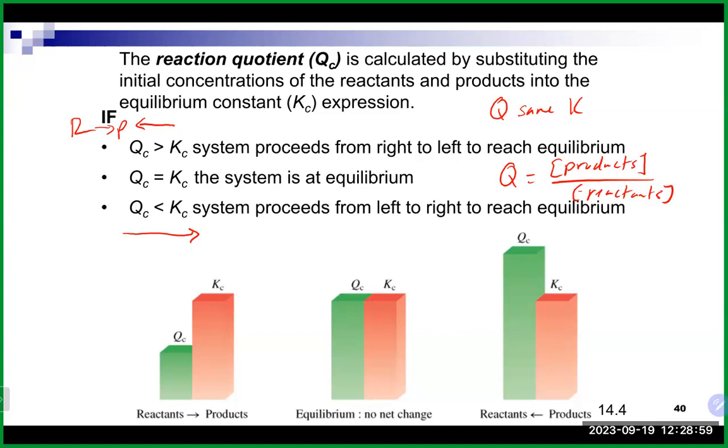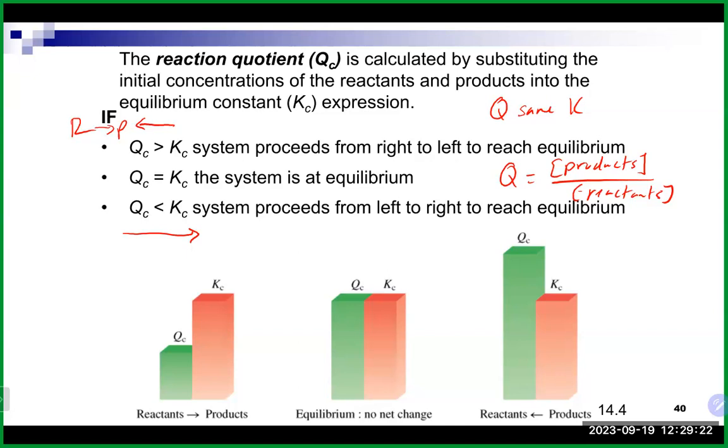The second application of Q is in solving equilibrium problems, where you may have to calculate it beforehand. Again, you obviously need everybody's concentration to do so, or there's no possible way to calculate Q. And usually in those problems, you will have the K value given to you, so you have something to compare it to.